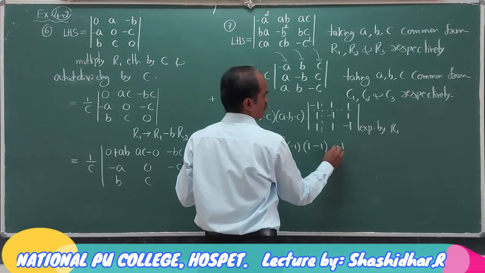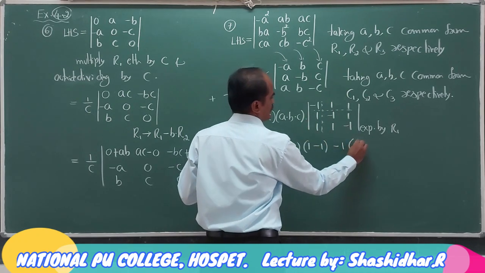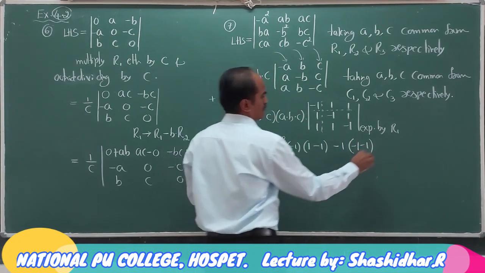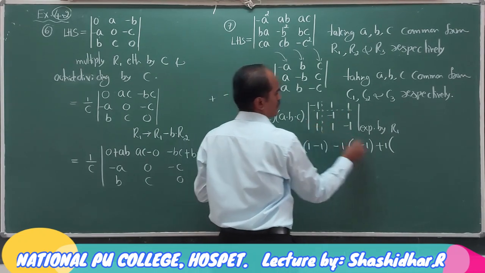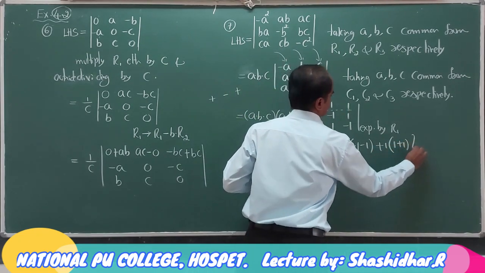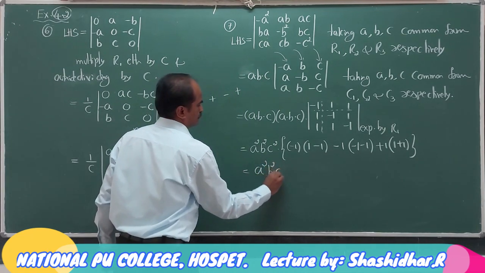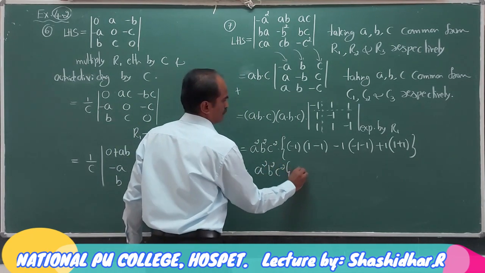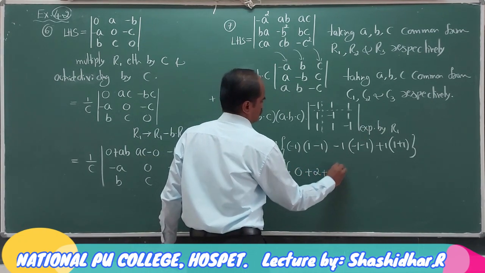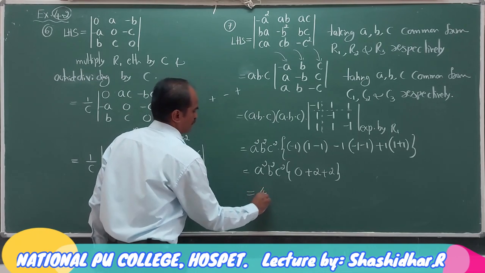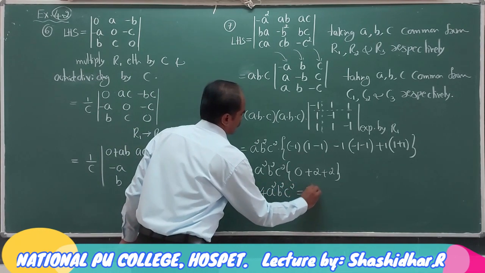Then minus 1 into, leaving first row, second column, it is minus 1, minus 1, plus 1 into, leave first row, third column, 1 plus 1 you get. So it is A square, B square, C square into 0, it is 2, it is 2. So in this way we end with 4A square, B square, C square. That completes the example.